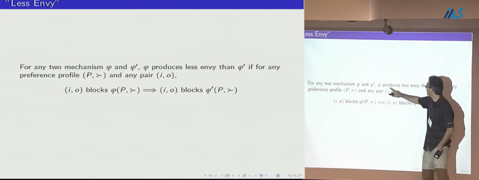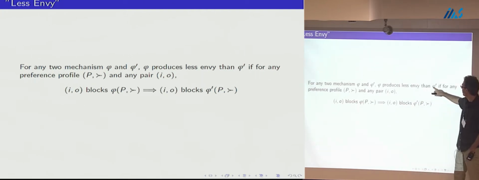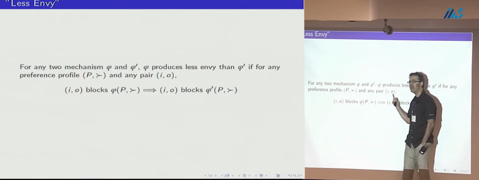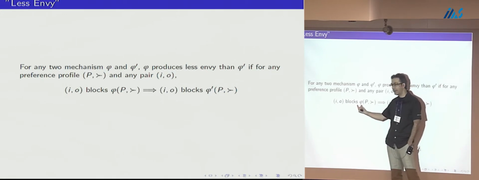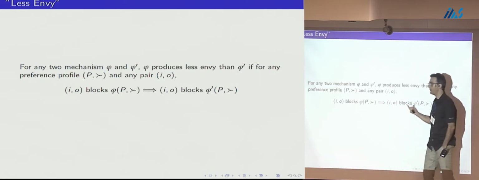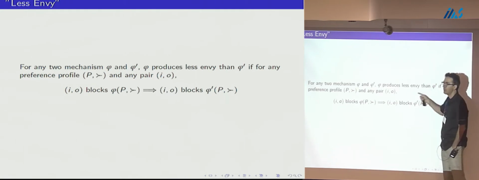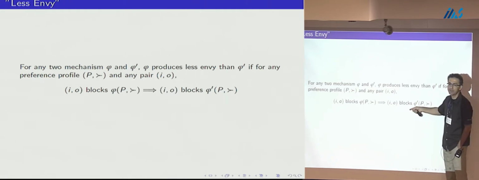I'm going to say that phi produces less envy than phi prime if and only if whenever a student and school pair blocks phi, it also blocks phi prime. So there are more blocking pairs under this mechanism, under every preference profile.